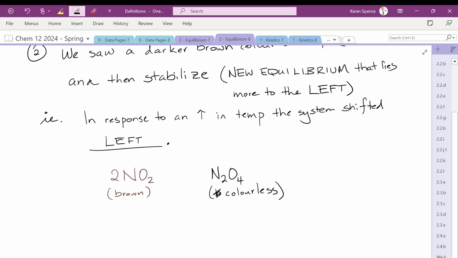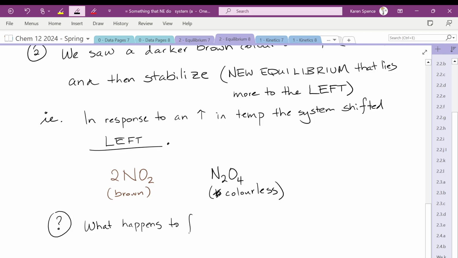Now I have a question for you. What happens to the forward rate when we increase the temperature? Don't think too hard. Think about what you would have written last Friday. When you increase temperature, what happens to rate?